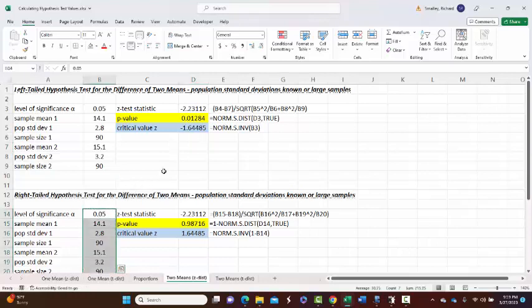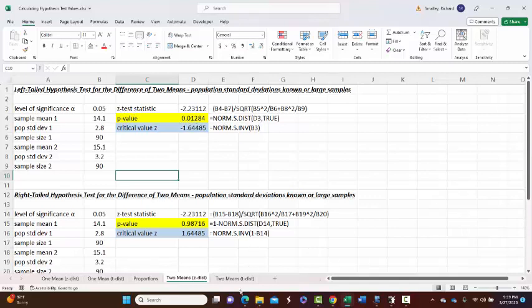But what clued me in immediately, it doesn't matter on the test statistic, but I saw the p-values. I knew that p-value was not close to being right. So there's your test statistic and there's your critical value. It's not asking for the p-value, but you can see that the p-value of 0.01 whatever is less than 0.05.